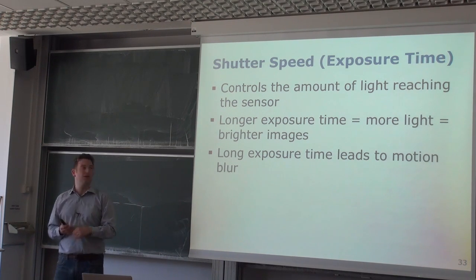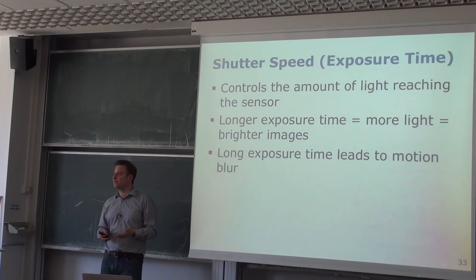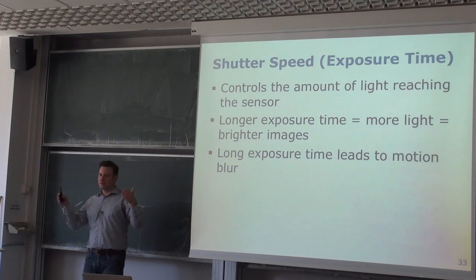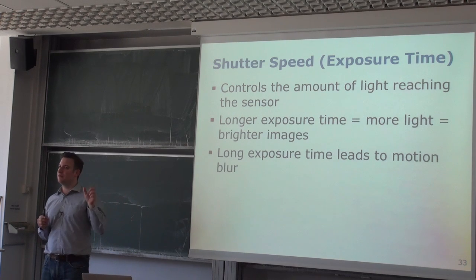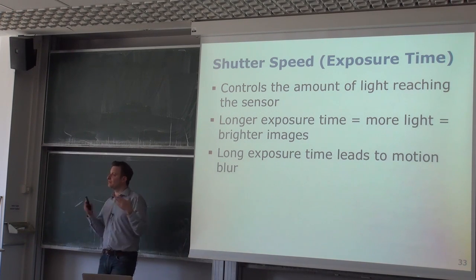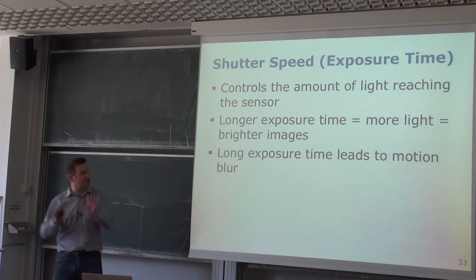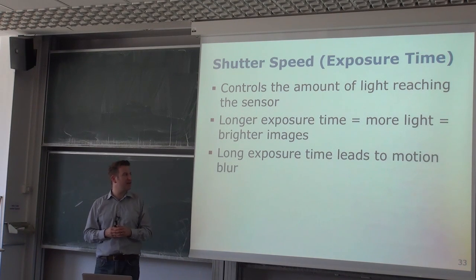So the longer it stays open, the larger the exposure time, the more photons will reach my chip or my film, and the more light I have. So I like the more light, the better. Not always, but in most situations.